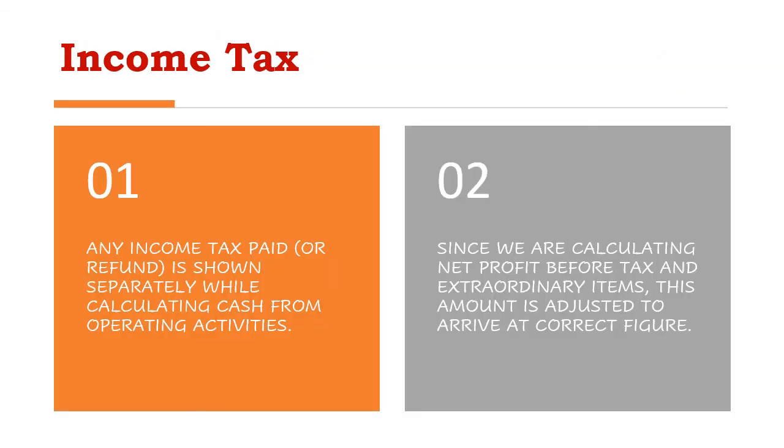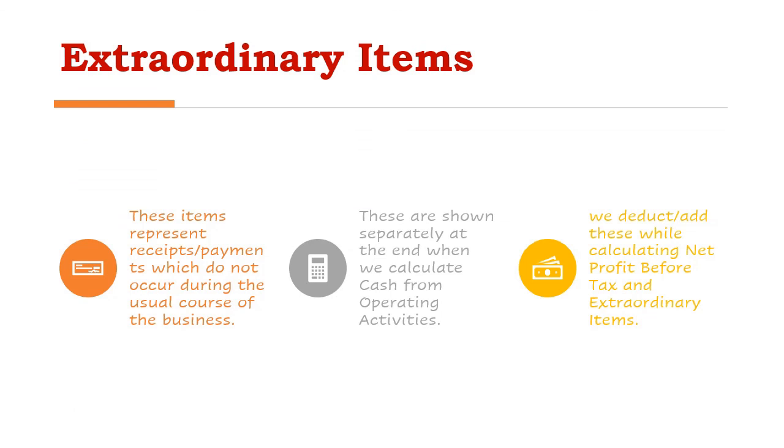If income tax paid is given, then it should be shown separately while calculating cash from operating activities. Since we are calculating net profit before tax and extraordinary items, this amount is adjusted to arrive at the correct figure. There are certain extraordinary items. What do you mean by extraordinary items? These are items which represent receipts or payments which do not occur during the usual course of business.